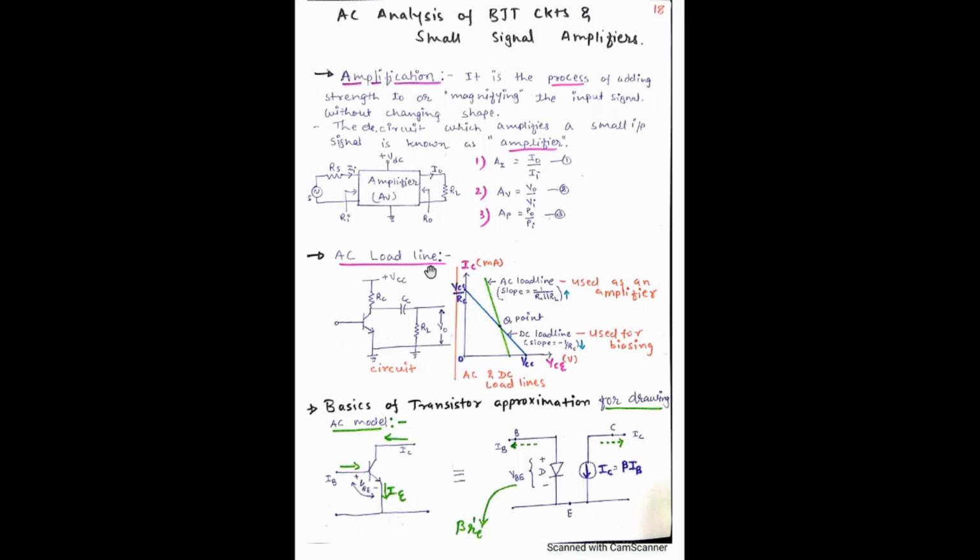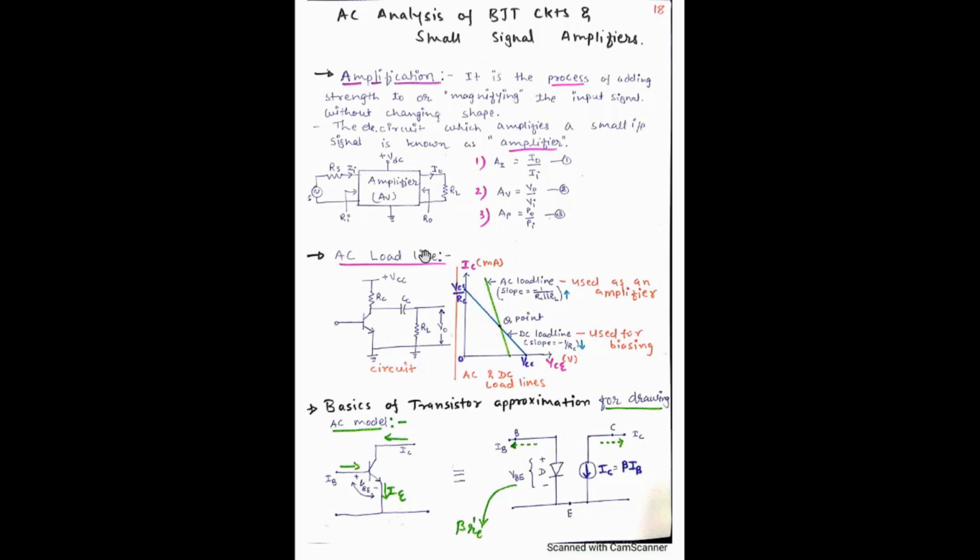So according to that, we will have to draw two load lines. Actually, we need to understand the concept only. Two load lines: DC load line and AC load line. For the basic concept, I have drawn here the AC load line. We have already done the DC load line.